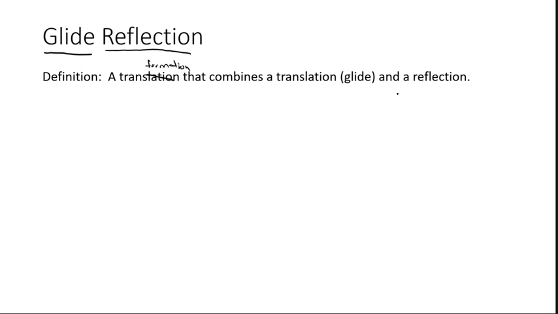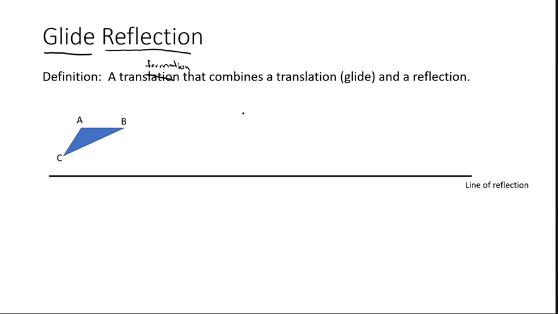So what would this look like? Well, here we have triangle ABC, and we have this line of reflection right here. So it's combining a glide and reflection. We can take this figure and glide it across, or translate it, move it across over here to get this triangle A prime, B prime, C prime.